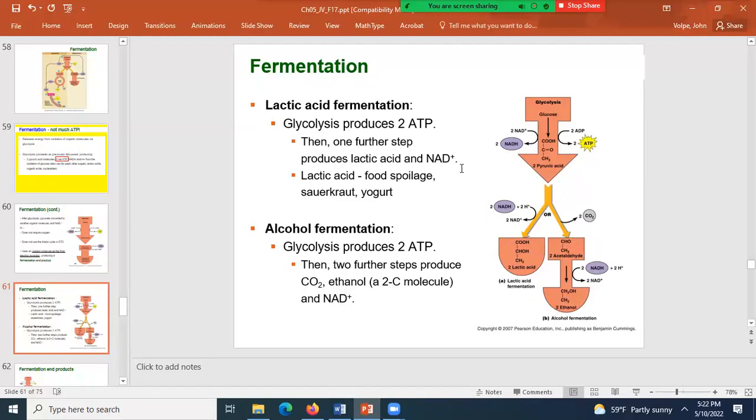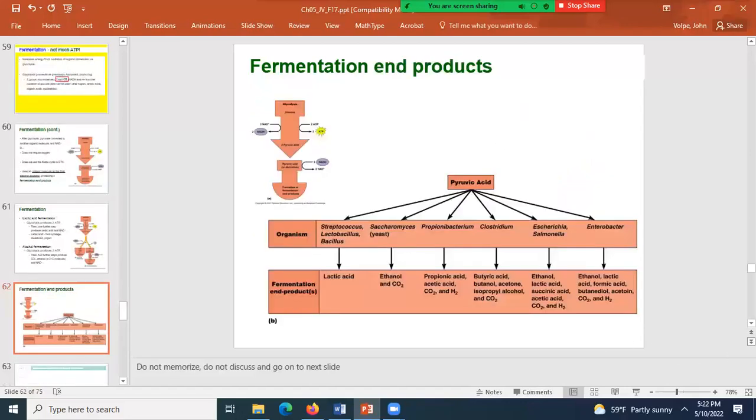All right, any questions about lactic acid fermentation and alcoholic fermentation? There are different end products and different fermentation reactions, and there are six fermentation reactions. We've only talked about two. Like I said, lactic acid fermentation is the most common.